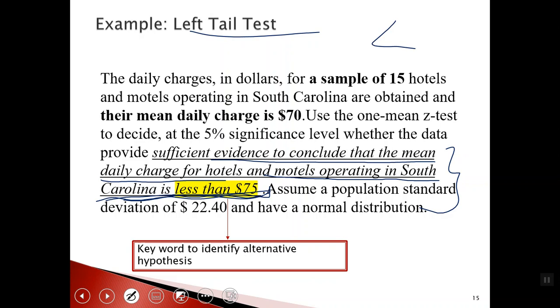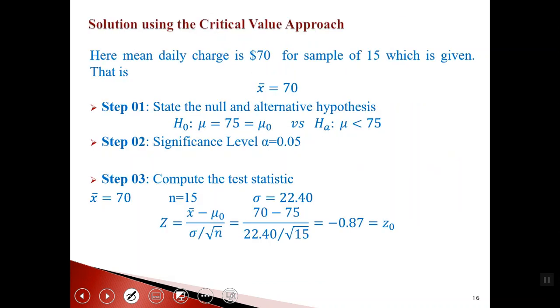There is no data set, so they have given the sample size and their mean daily charges. They have given the mean of the data set, they have given your alpha, and also they have given the standard deviation. You know what n is, right?